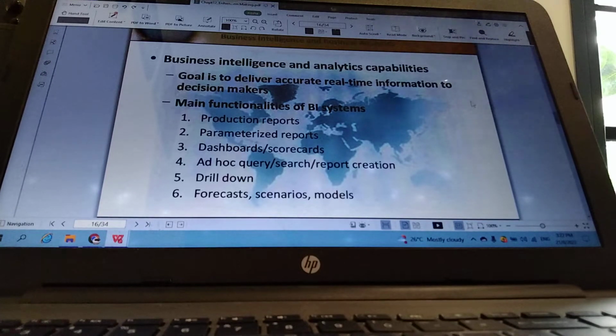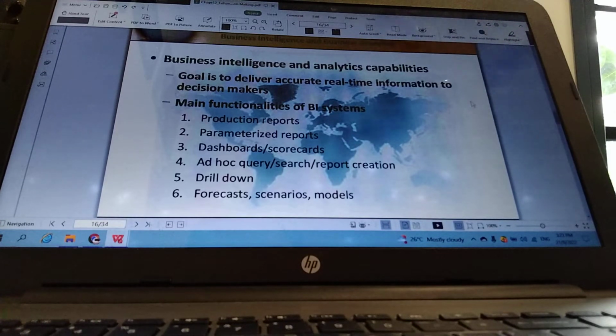Also included are ad hoc query or search or report creation functionality. It is also possible for you to drill down further for more details. Most systems allow that. Either you look at the dashboard or scorecard or summary, or you drill down into further details for more information, so that you can make a more precise decision if required.